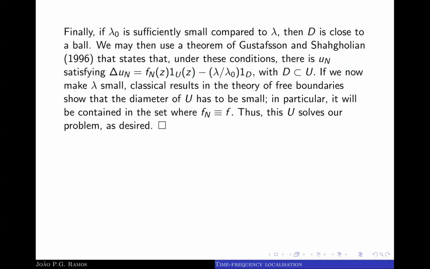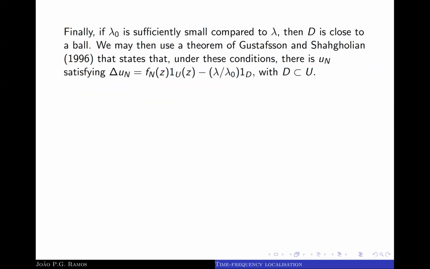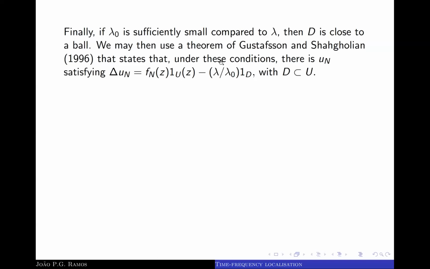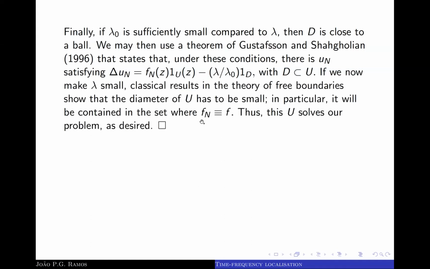So as a quick recap, both of the theorems went through a global free boundary problem, but nonetheless a free boundary problem in their resolution, and both of them use explicit solutions and explicit constructions with respect to this PDE, to this free boundary problem, to get the result. And this solves our problem as desired.